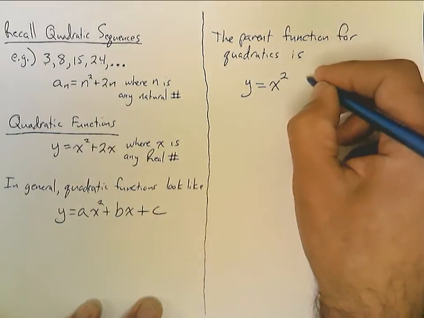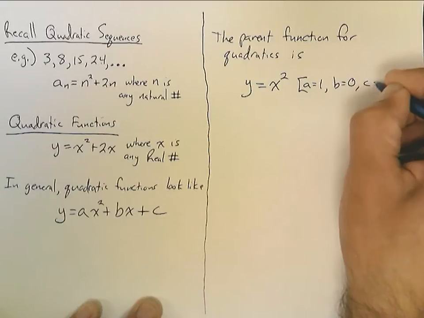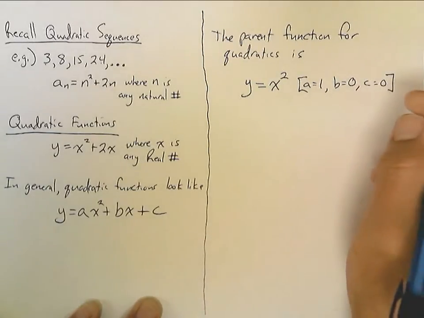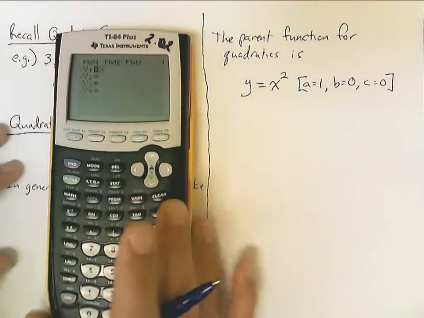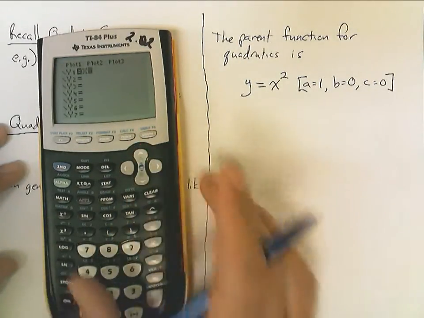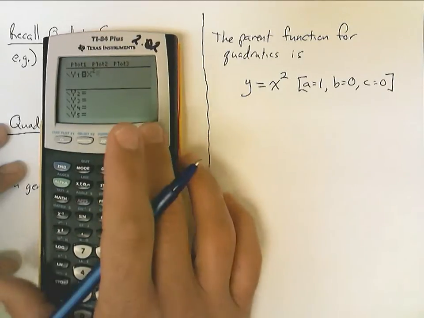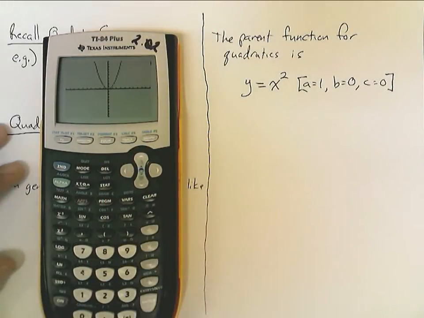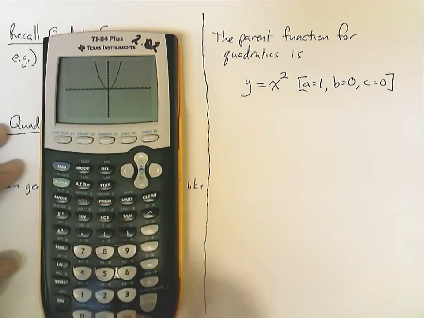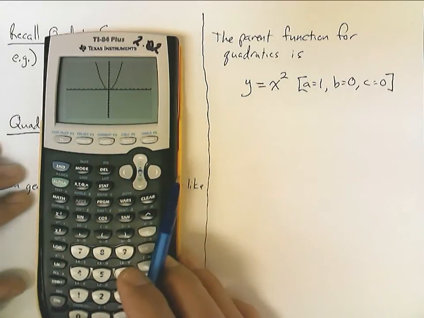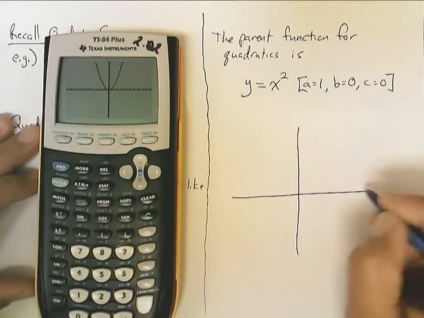But basically what we mean here is that the a is 1, the b is 0, and the c is also 0. And when we graph this, let's just put a little squaring on that x. We'll graph it, and we see this nice little U shape. Okay, and we'll look more into that when we do this next activity. But that's the parent function here.